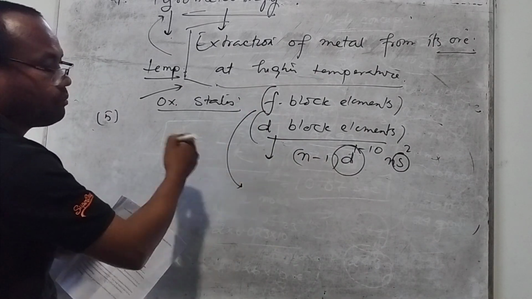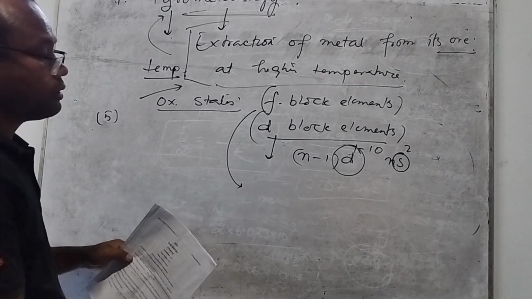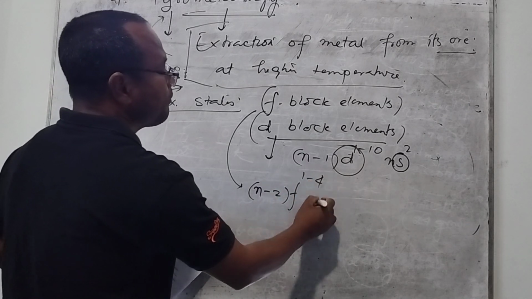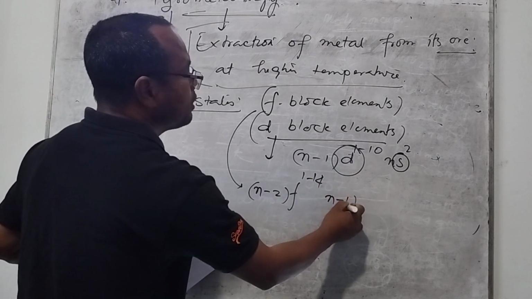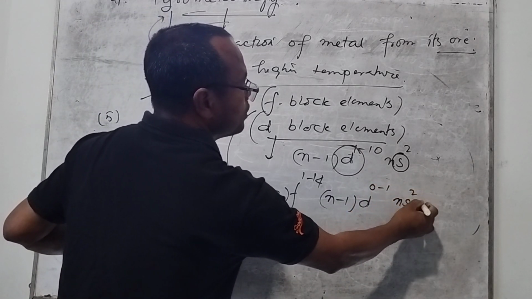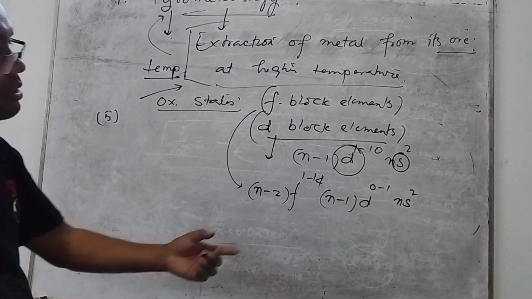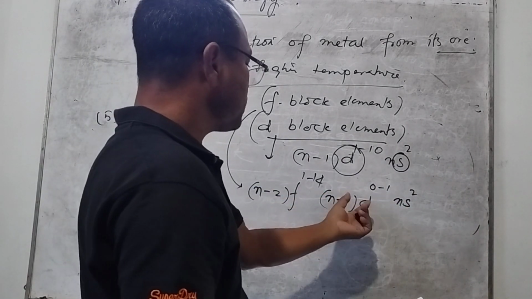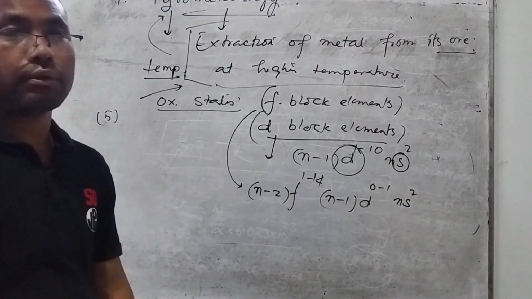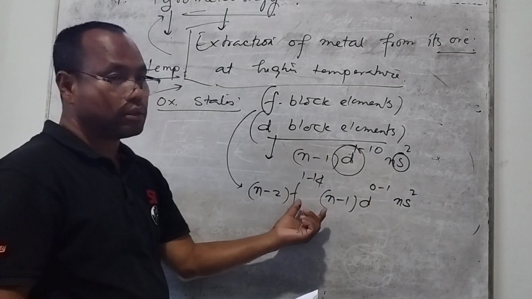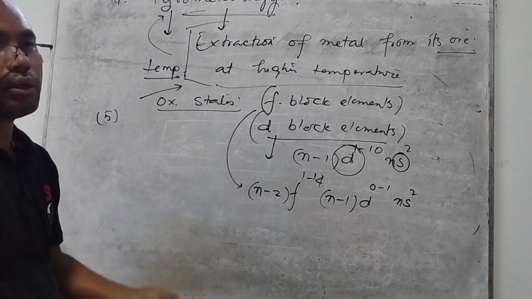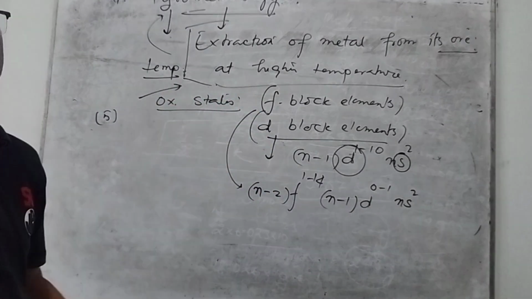Similarly, in the F block elements, the outermost electronic configuration is (n-2)f1 to 14, then (n-1)d0 to 1, then ns2. Now these electrons present in the S, the D and the F can be contributed in the formation of the bond. If all these electrons are contributed, then F block elements show variable oxidation states.